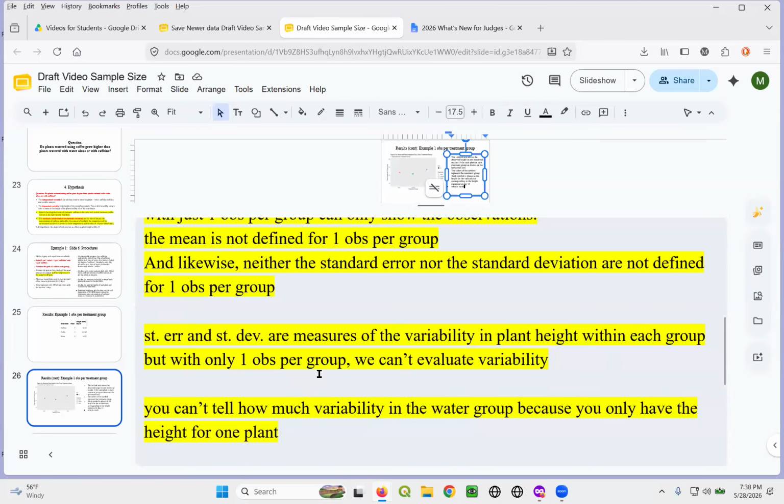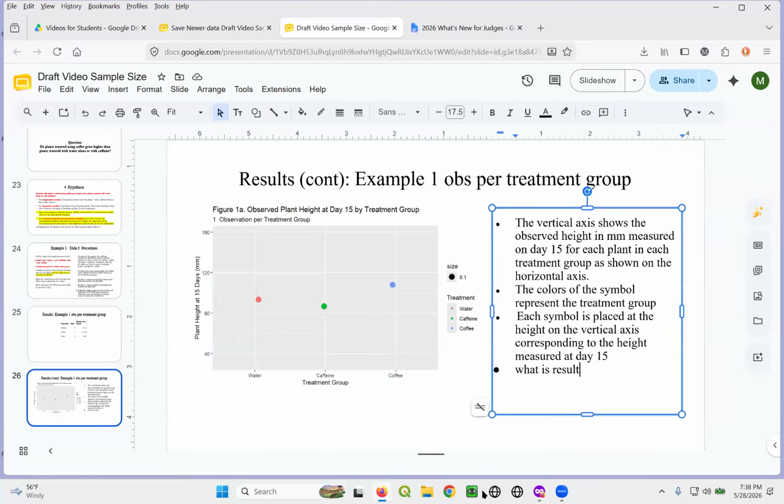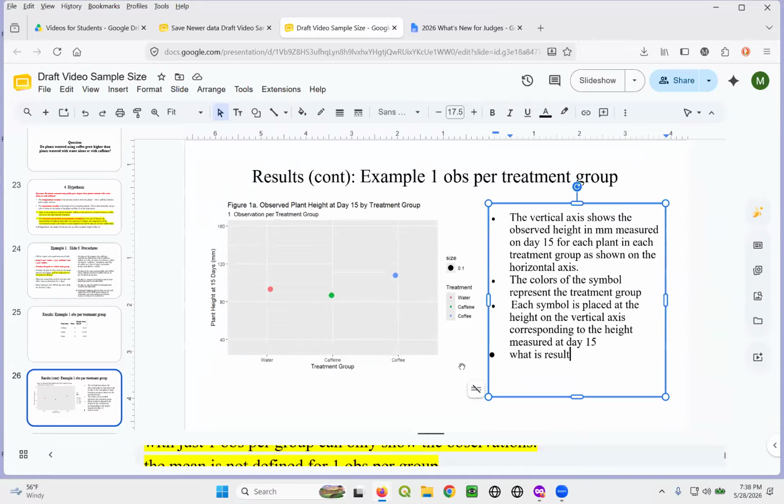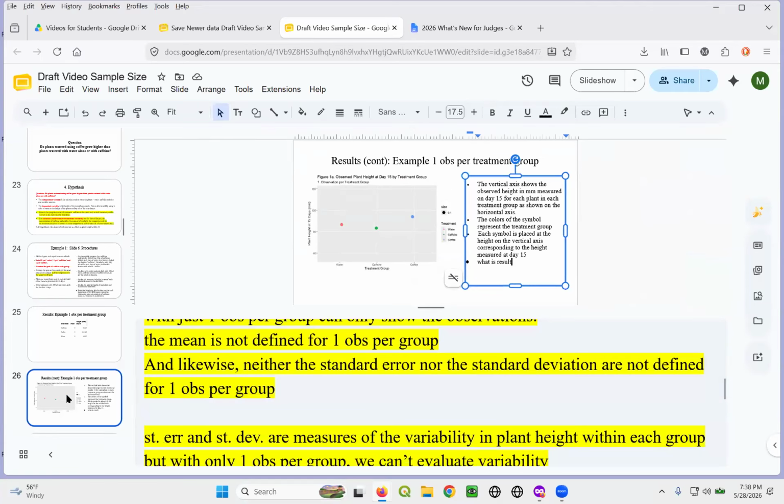But with only one observation per group, we don't see the variability. And this is the homogeneous cherry. We can come back to this.